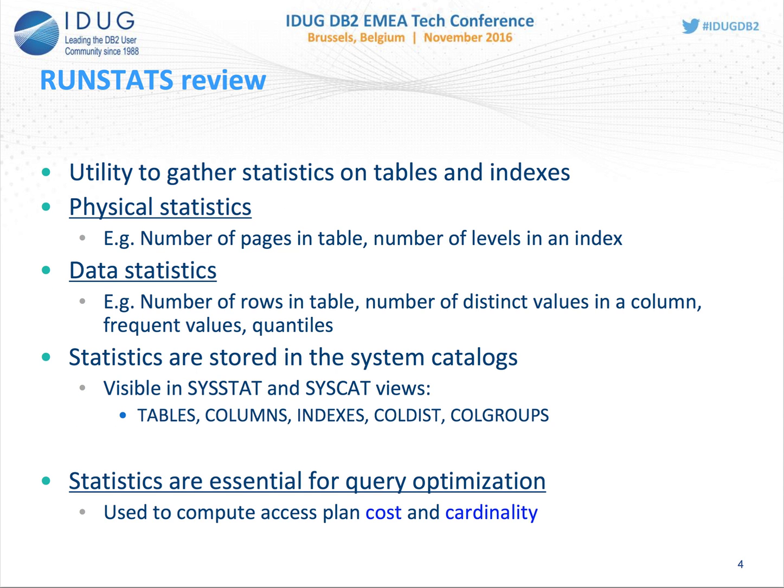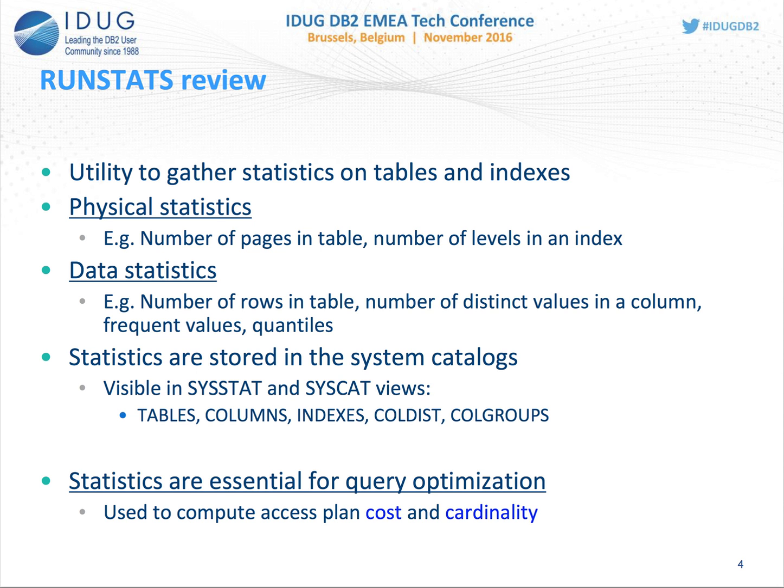RUNSTATS is a utility within DB2 LUW to collect statistics about the data in your tables and the physical characteristics of those tables. There are two categories of stats collected. There are the physical stats, which give you information about how big the table is, how many pages, how many rows, the number of levels in an index, the number of leaf pages.